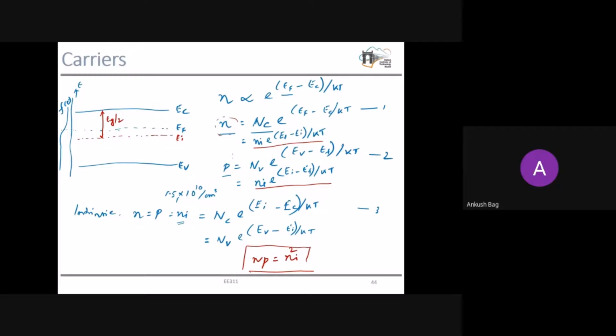That means as the energy difference between the Fermi level and the intrinsic level gets higher and higher, the majority carrier concentration will be higher and higher. So these are a few understandings of these two equations. This is also called the mass action law.